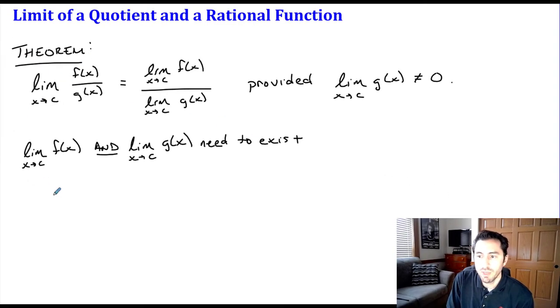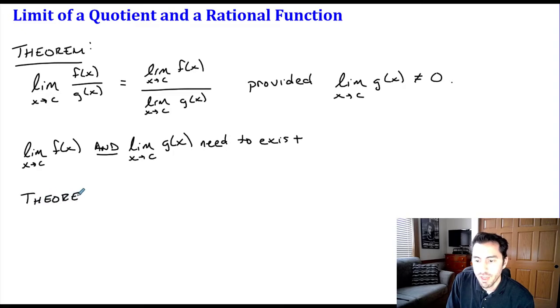Now if we go one step further, a rational function, this is two polynomials that are divided. So if f of x and g of x are both polynomials, we should be able to evaluate the limit pretty easily.